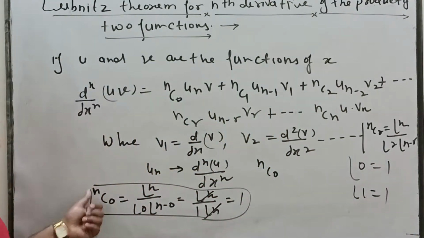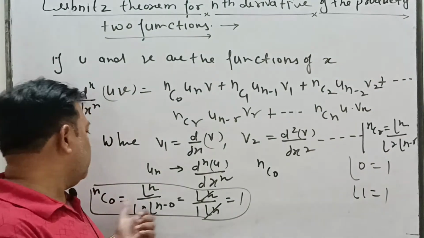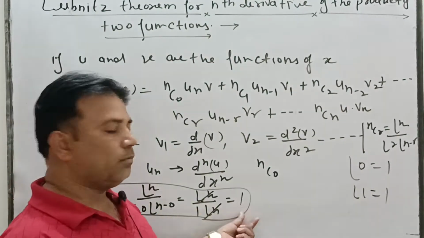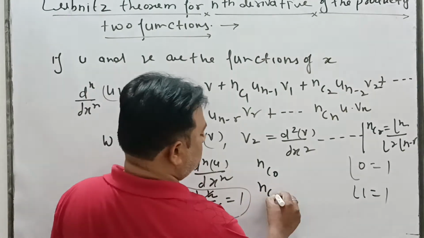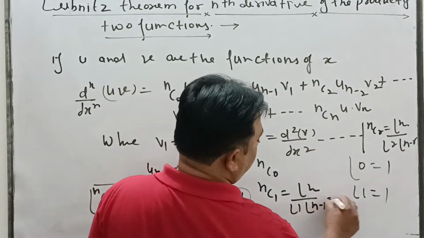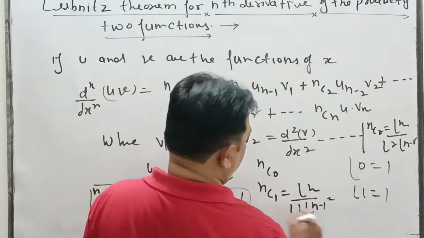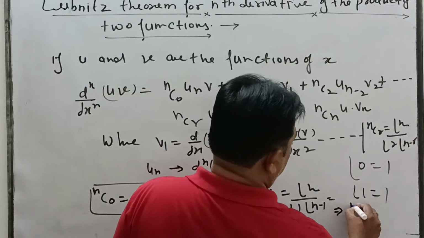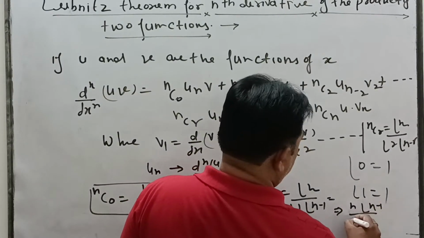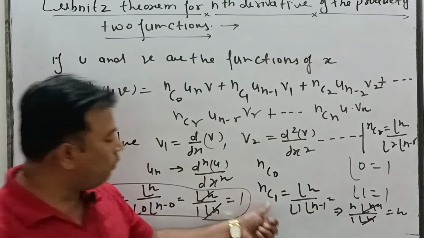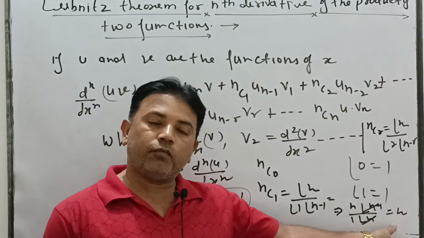Again nC1 equals factorial n over factorial 1 times factorial n minus 1, which gives n factorial over 1 factorial times n minus 1 factorial. Cancelling, in place of nC1 you write the value n.